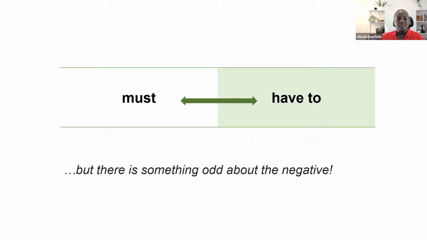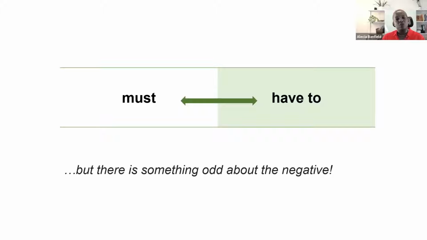In this tutorial, we are going to look at a strange pair, and it is the pair must and have to. Now, we learned in quick tutorial 19 that if we're talking about the present and the future, we can use the modal verb, that is the helping verb must, to show obligation, to show you have no choice, at least not without bad results.